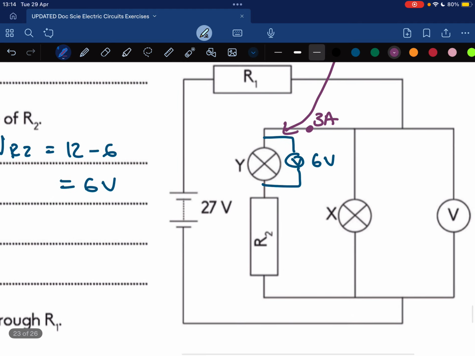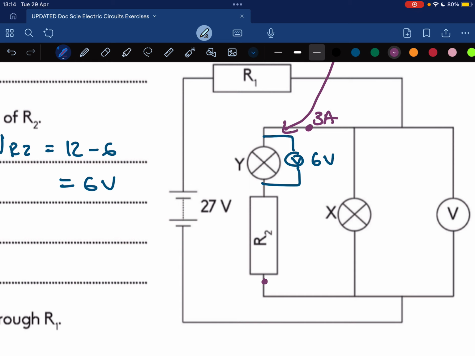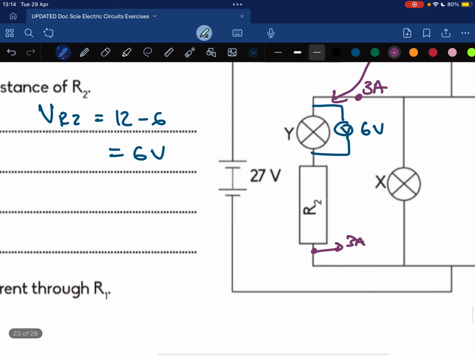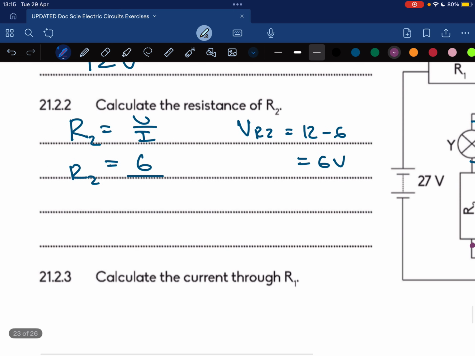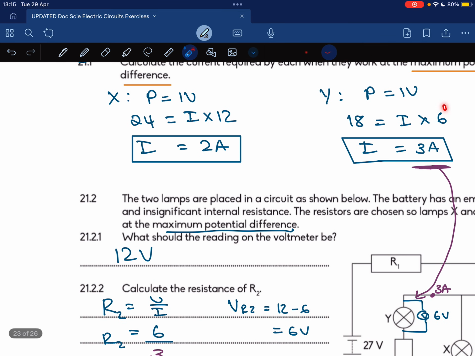And because this portion is in series, it's also going to be 3 amps through this resistor 2. So that means it's going to be 3.